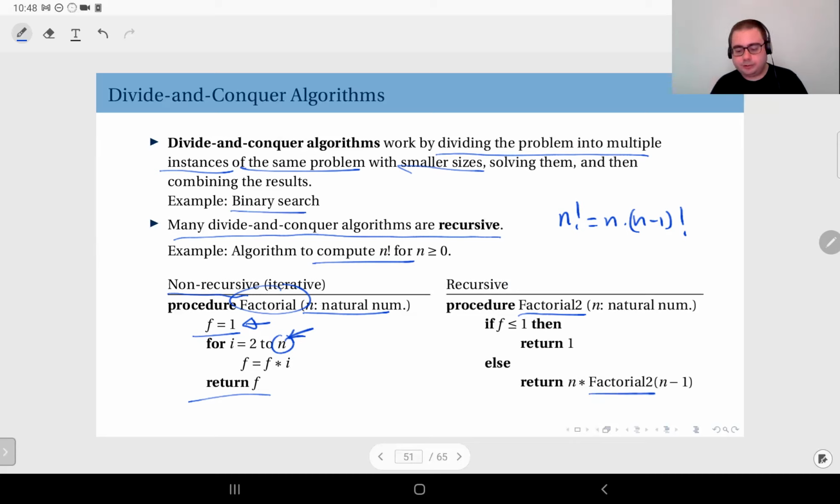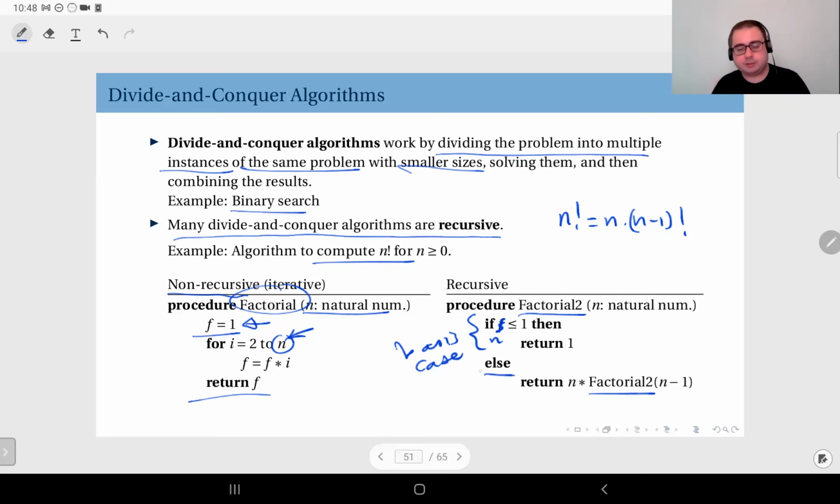And what happens here is, you see, this is actually the base case. Obviously, if n is less than or equal to 1, which means the input is either 0 or 1, then you should just return 1, because that is the factorial of 0 or 1, in which case you do not need to do any computation.